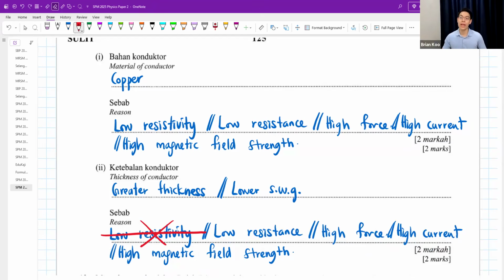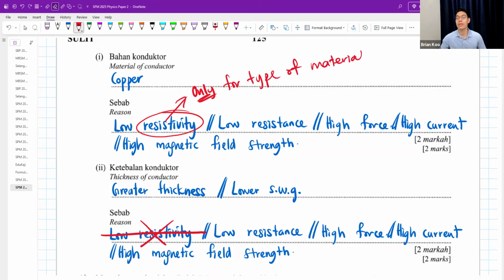Why can't low resistivity be written here? Because resistivity is only for type of material. Different types of material have different resistivity. Resistivity is this symbol. Resistance is this symbol. But thickness doesn't affect the resistivity. It only affects the resistance.